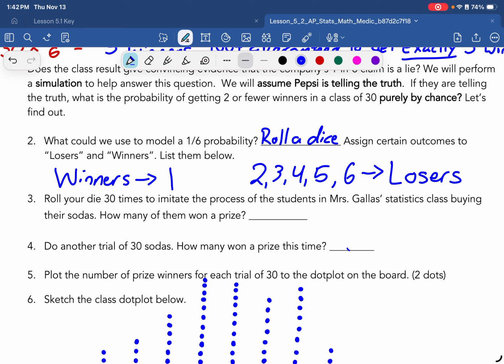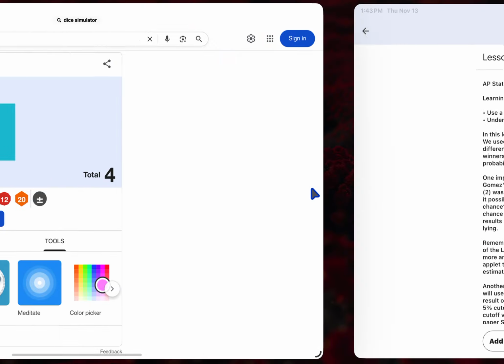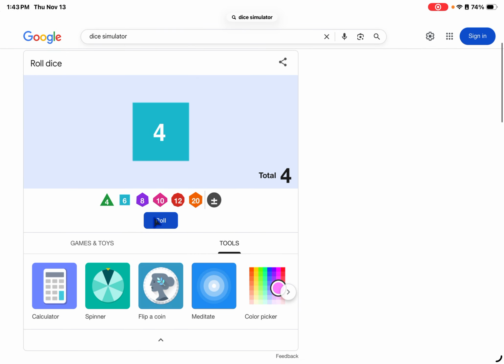Now, I highly recommend just going to Google and doing a dice simulator and rolling 30 times. You can see I do have trials here, which is fine because I want to model it for you. But what I want you to think about as you're going through is, okay, roll a dice 30 times. Here's a really cool thing you can do.